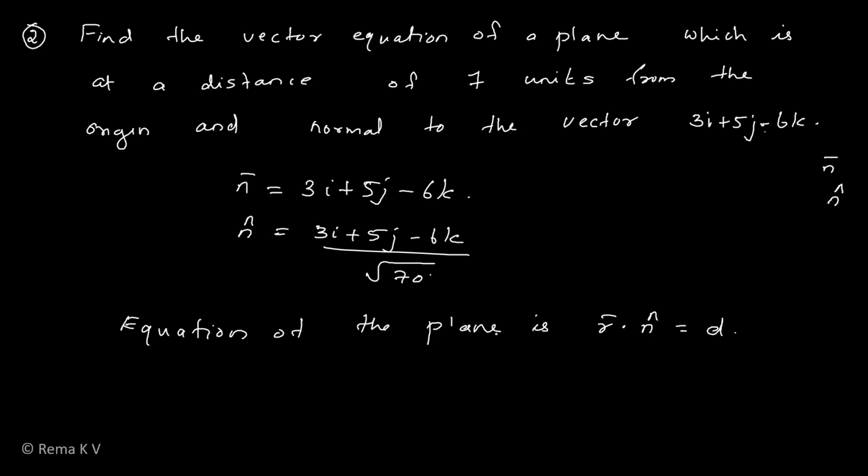Distance from the origin. So we can write this as vector r dot n cap is 3i plus 5j minus 6k divided by root 70. This is n cap. So r dot n cap is equal to d, 7.